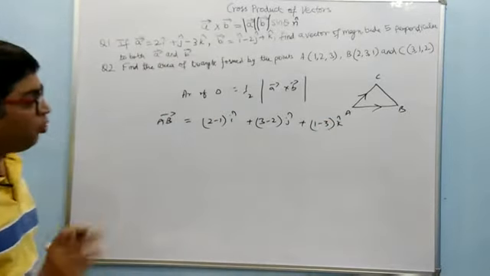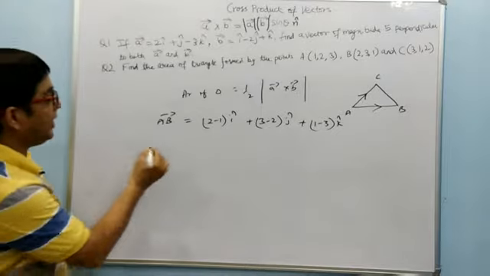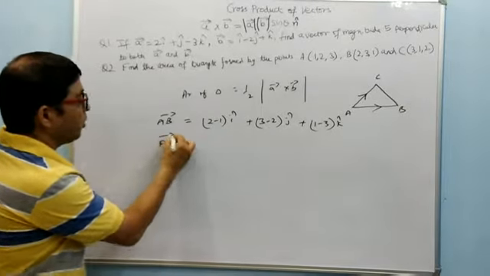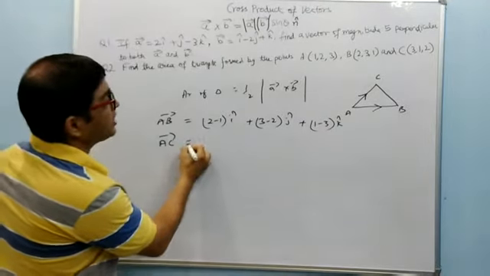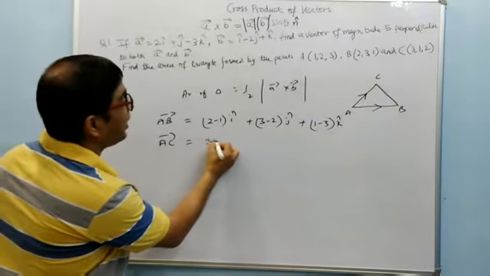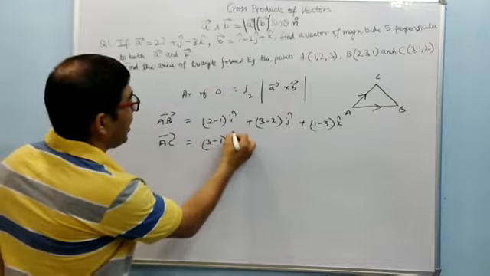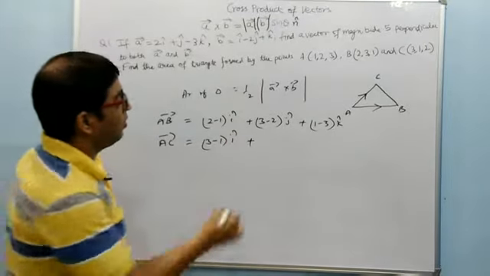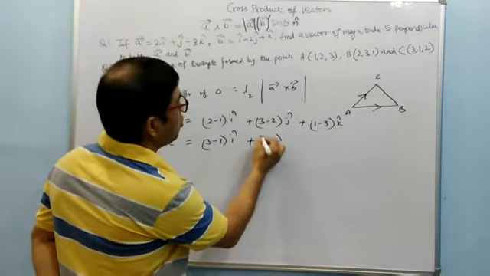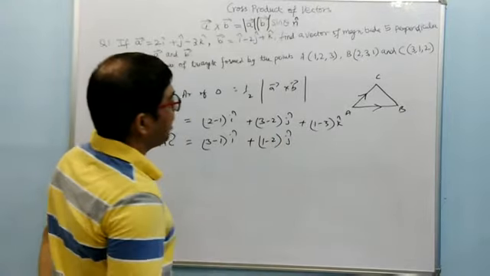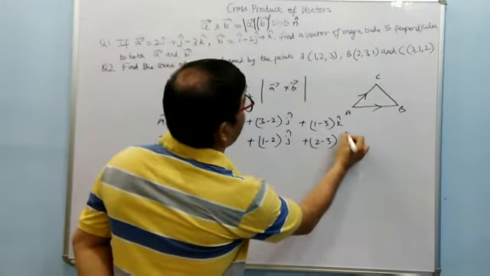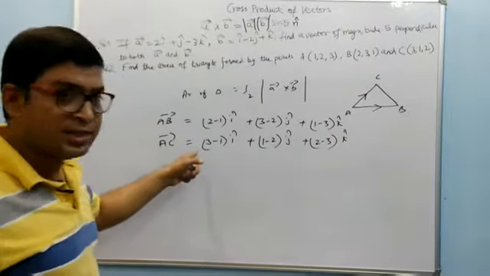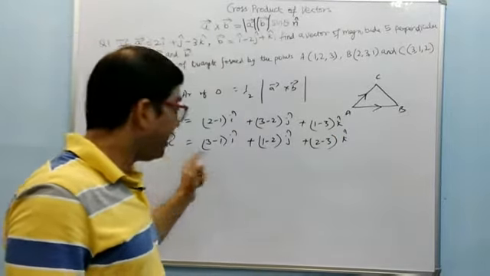Okay, you can easily find vector AC now. How? The position vector of C minus the position vector of A. So it is coming out to be 3 minus 1 i cap plus 1 minus 2 j cap plus 2 minus 3 k cap.